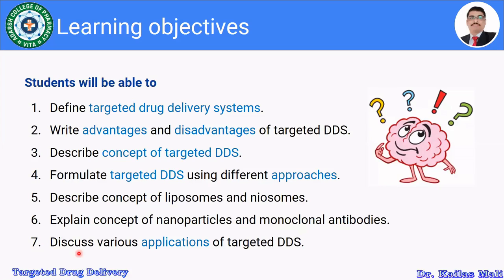And you will be able to discuss various applications of targeted drug delivery system. I have set the 7 learning objectives which will cover all the content of the targeted drug delivery system.